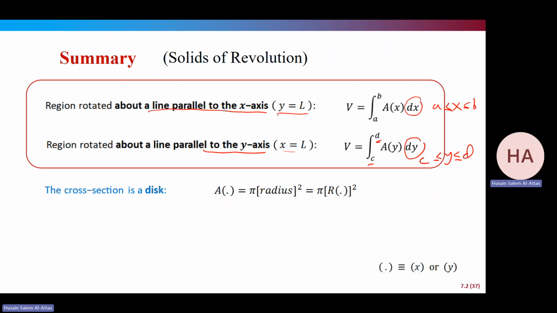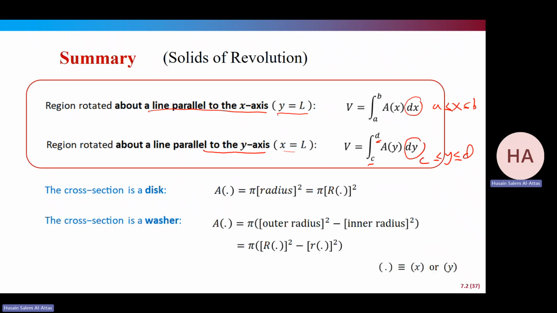We have 2 ideas, disk or washer. The disk is just pi times the radius square, where I need to find capital R of either x or y. It depends whether the rotation is about a line parallel to the x-axis or y-axis. Then we have the washer, where I have an outer radius and inner radius.